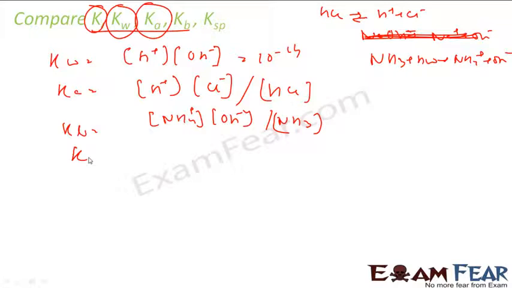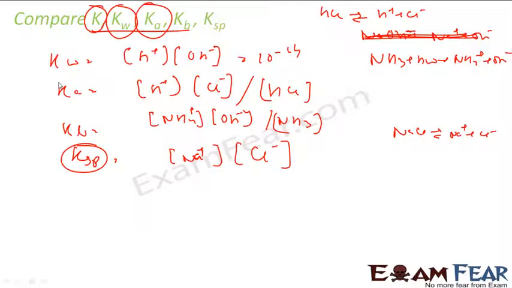And Ksp is nothing but my solubility product. So if I have, let's suppose, NaCl, it dissolves in water to give Na plus and Cl minus. So Ksp is nothing but concentration of Na plus into concentration of Cl minus. All of these you got from K only, but they are different fancy terms: Ka, Kw, Kb, Ksp. Right?